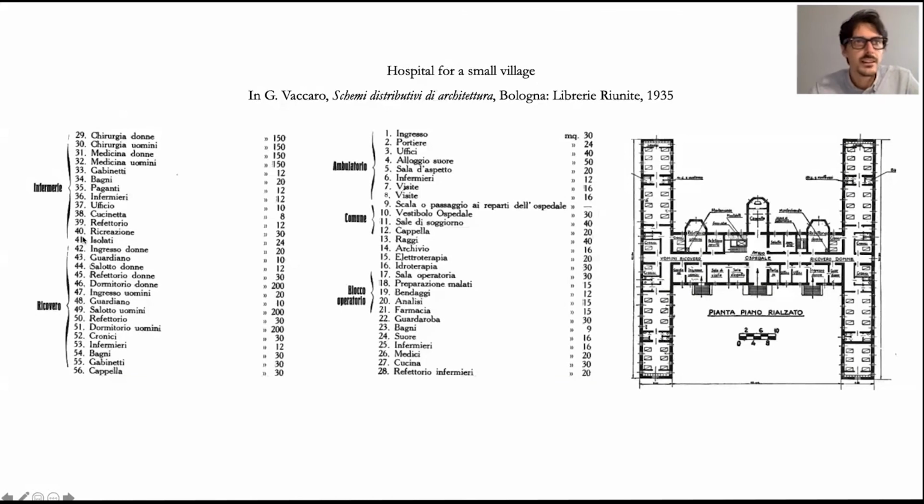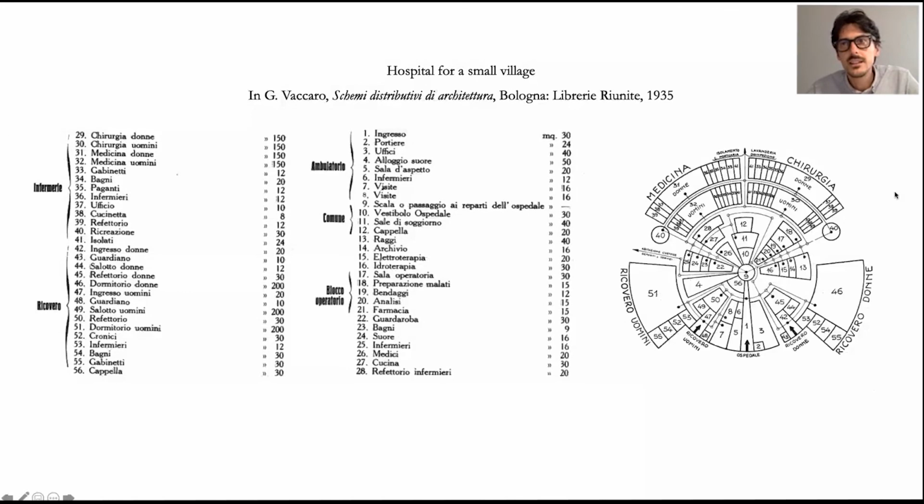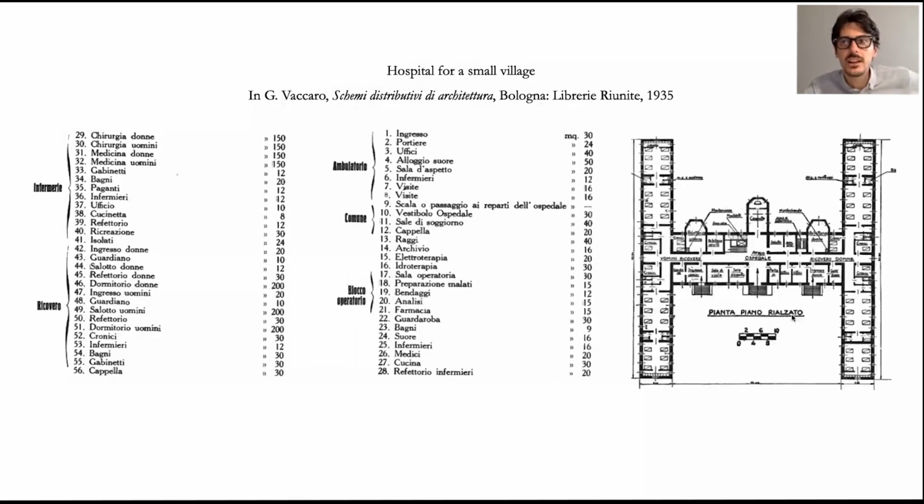And starting from these lists and this categorization, he is then able to produce this pie chart representation. What is this pie chart outcome? It is nothing else than the most general representation of this typological one.